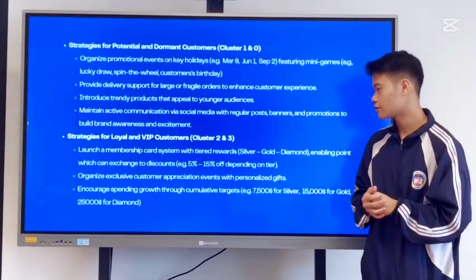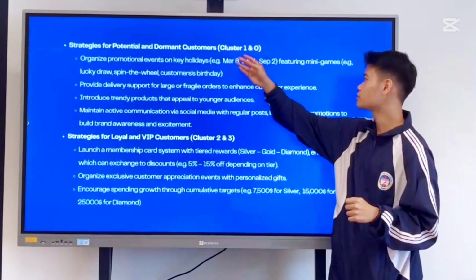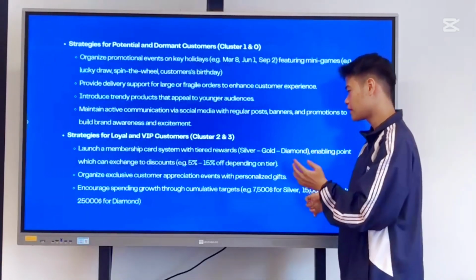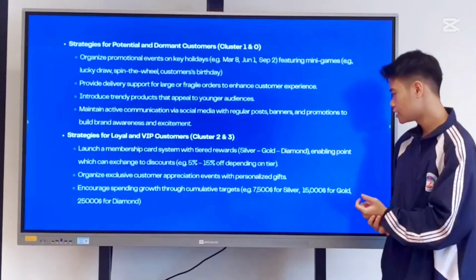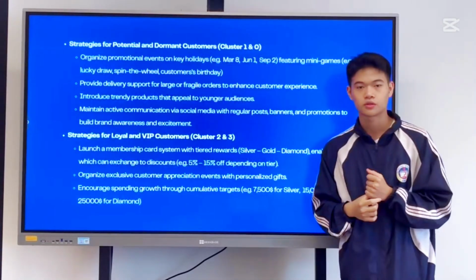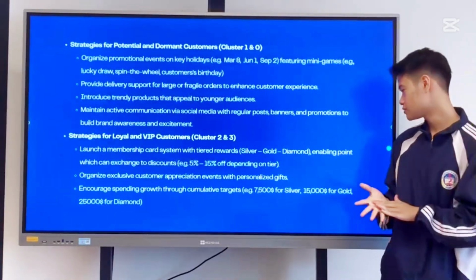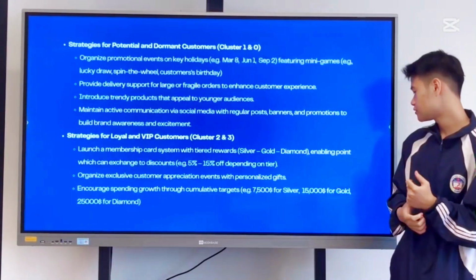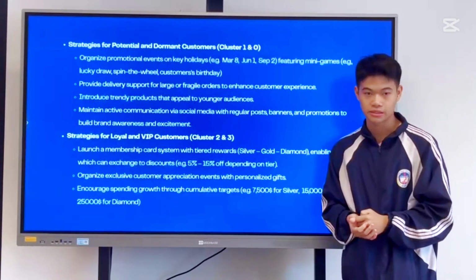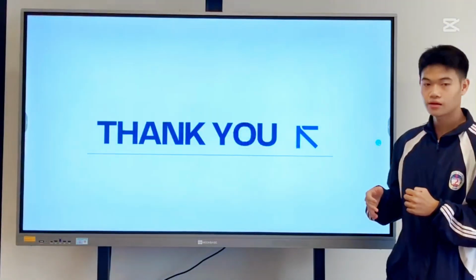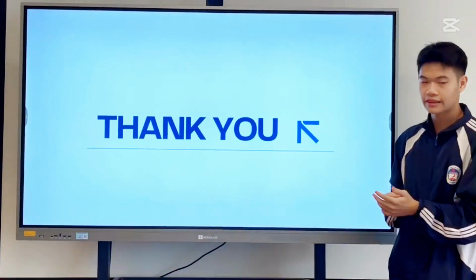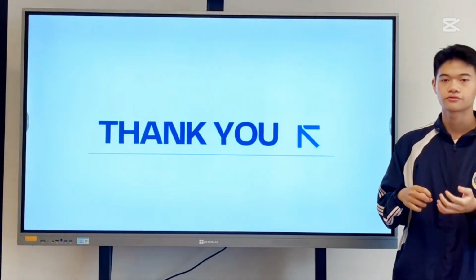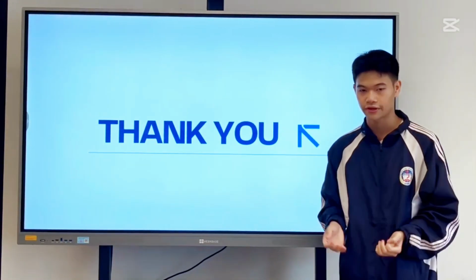And we also encourage people in clusters 1 and 0 as their spending grows through communicated targets, for example $27,500 for the silver membership card, $15,000 for gold, and $25,000 for diamond. We calculate that all the strategies will account for about 12% of the total revenue.